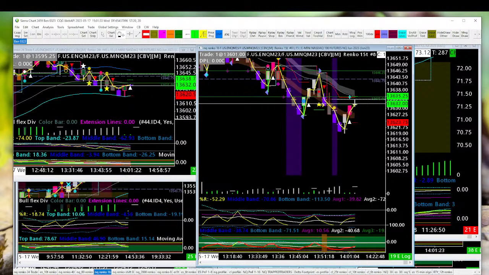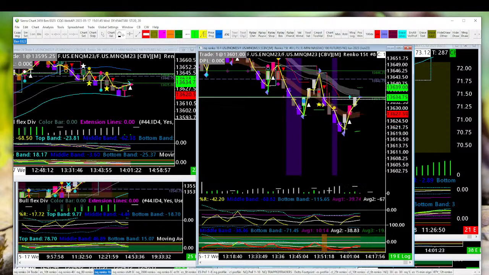So sellers need to defend this here. But this should make sense. We have divergence. We had purple bars breaking down. And, of course, it's going to be a pink bar. Okay, so if that bar closes, I'm out.